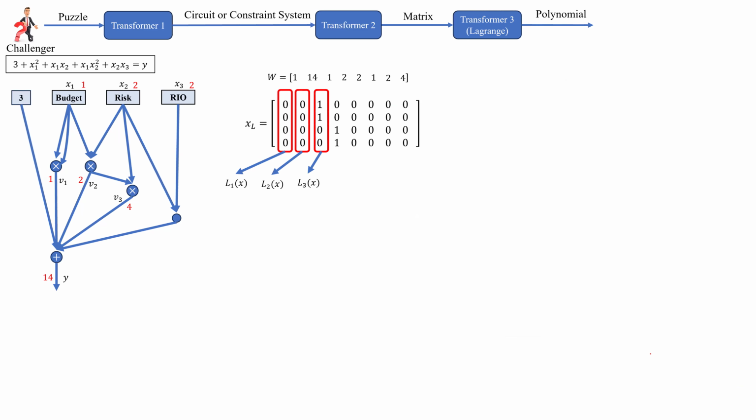Now we want to see, for example, how we compute those polynomials. For instance, for the third column, we have 1, 1, 0, 0. To convert these values into a polynomial, you remember that for a polynomial, we need a set of points, right? And for each point, we need an x value and a y value. So that's the reason we define points in this form: point 1, point 2, point 3, and point 4.